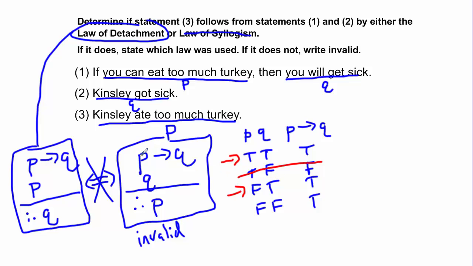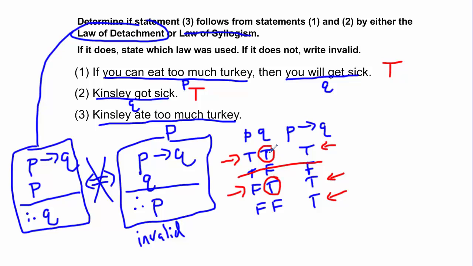Because remember, when we are given a conditional here, we're saying that this is just a true conditional statement, and then if we're told that this person got sick, that's also considered to be true. So I can see here when my overall conditional is true, we have three cases, right? One here, two here, and three. There are three ways that a conditional could be true, and out of those three, there are two possibilities when Q is true.